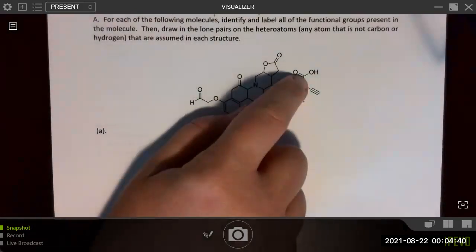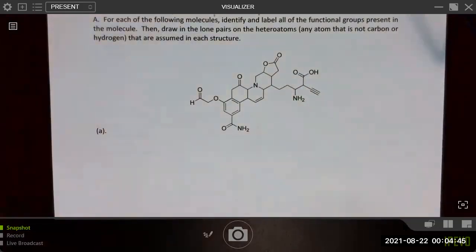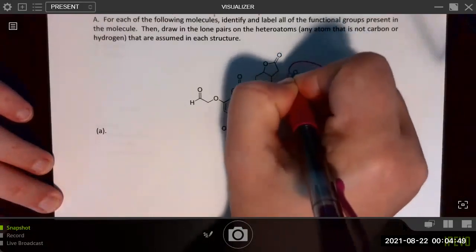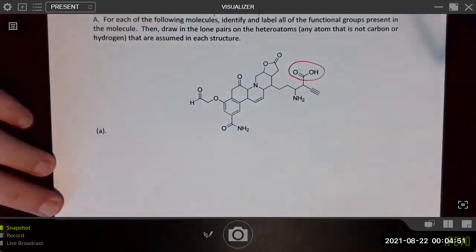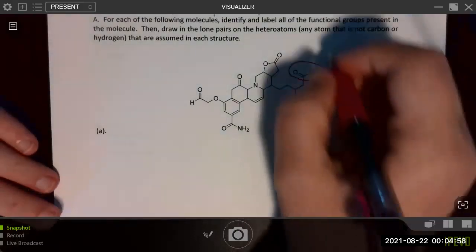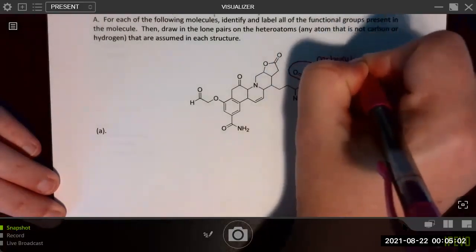When the carbon has both a carbonyl and an OH, the whole thing is just a carboxylic acid. It is not a ketone and an alcohol and a carboxylic acid. If that doesn't make sense, maybe try watching that pre-lab lecture video one more time. I'm going to label this as a carboxylic acid.